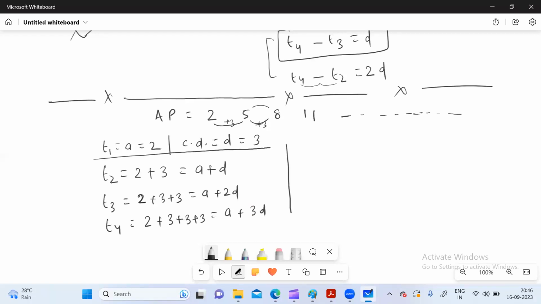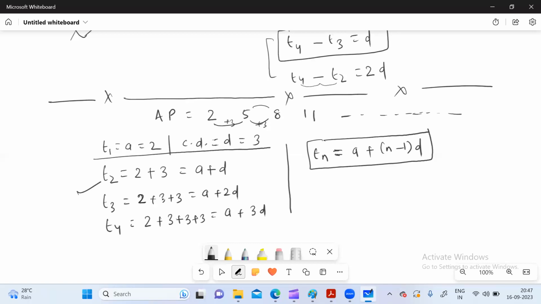So if we generalize it, what can I say Tn is? First term plus n minus 1 D. So this is actually the first formula that you have got by simply generalizing the fact that every term has a common difference of plus 3, or D in algebraic form, and try to put that in words.